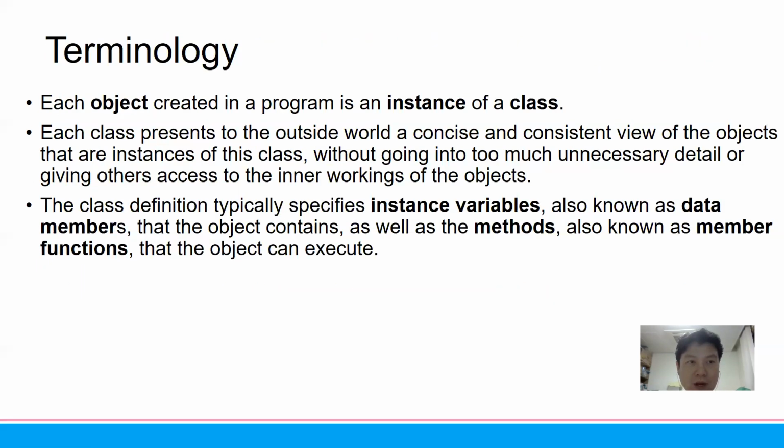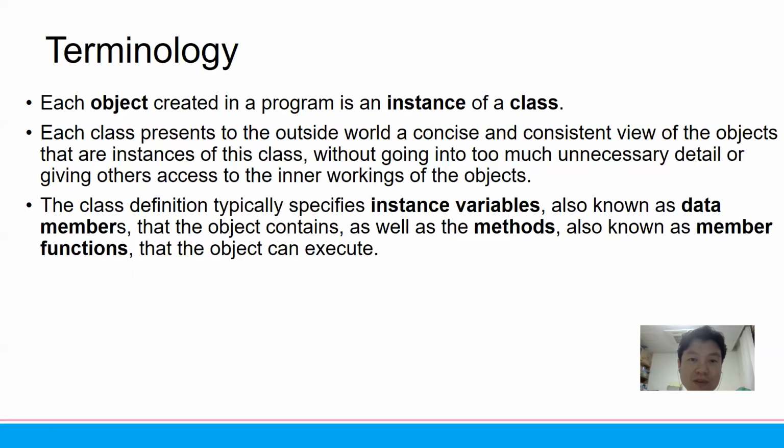The terminology that we need to understand about objects: we have object and we have instance, we have data members, we have methods. Each object created in a program, we call an instance. Each class presents the outside world a concise and consistent view of the object.